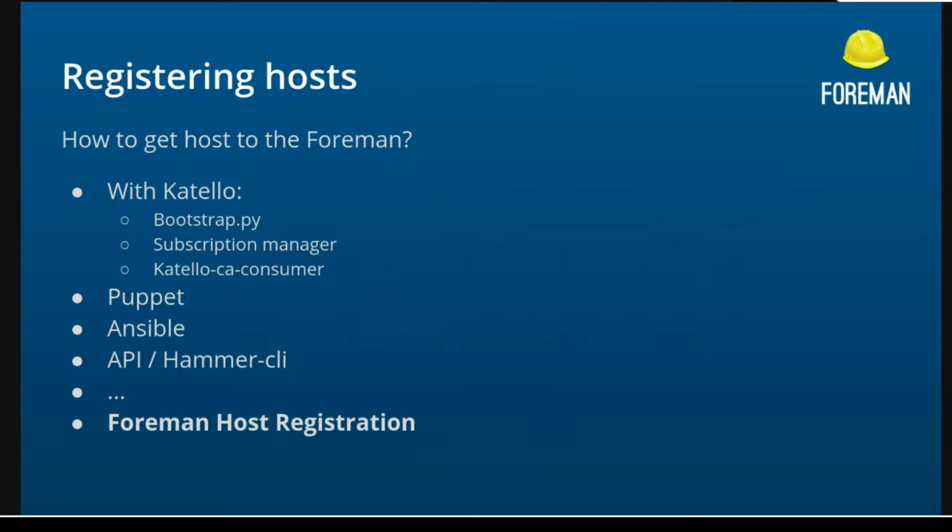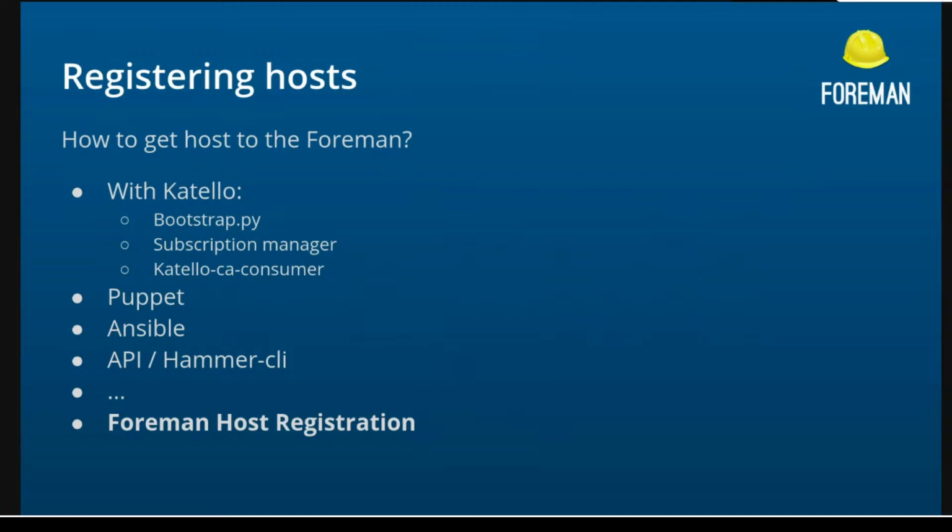So, what are the current ways how to get a host to the Foreman? If you are using the Katello plugin, you can use the bootstrap script, you can use subscription manager. There is also the Katello CA consumer. If you don't have Katello, or also if you do, you can use Puppet facts. If you set up your Puppet and your Puppet agent is reporting facts to the Foreman, we can actually import the host from the facts.